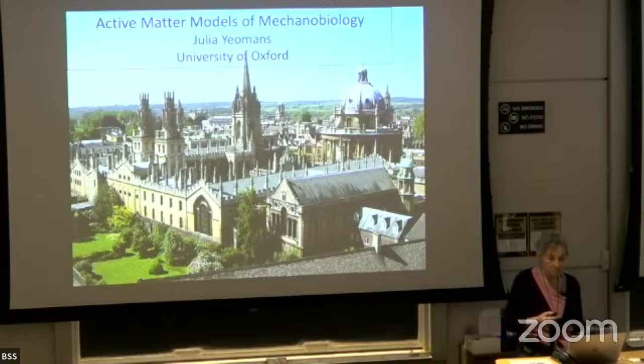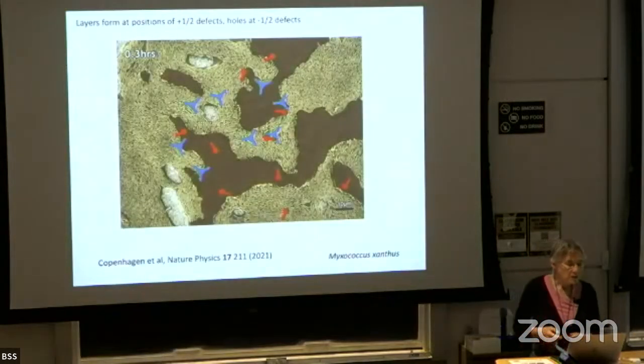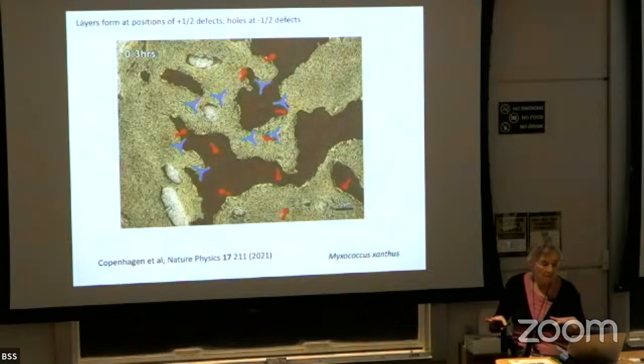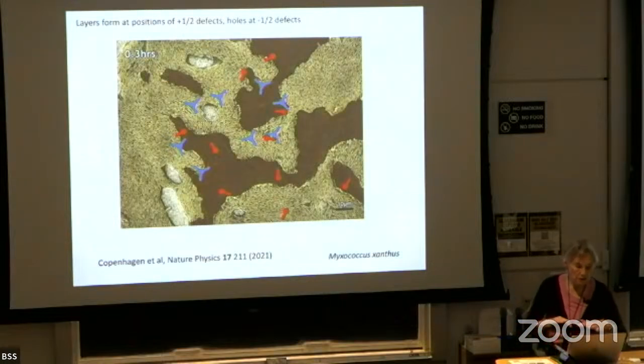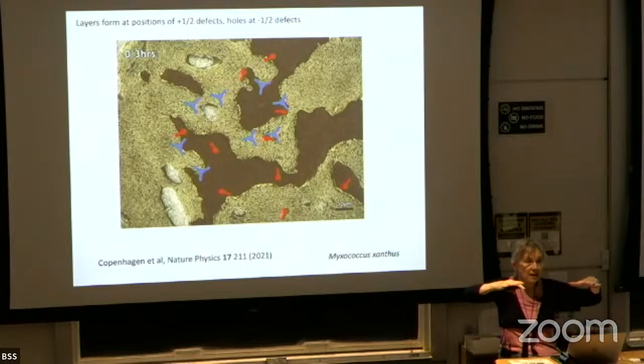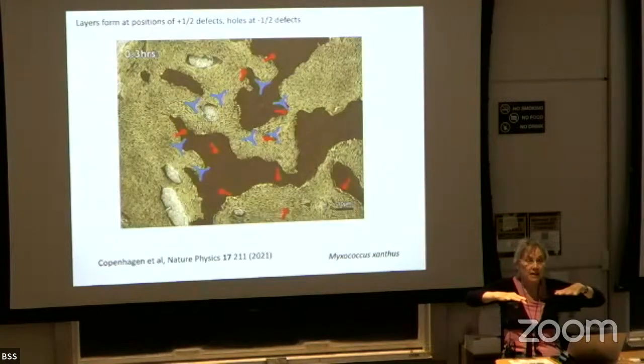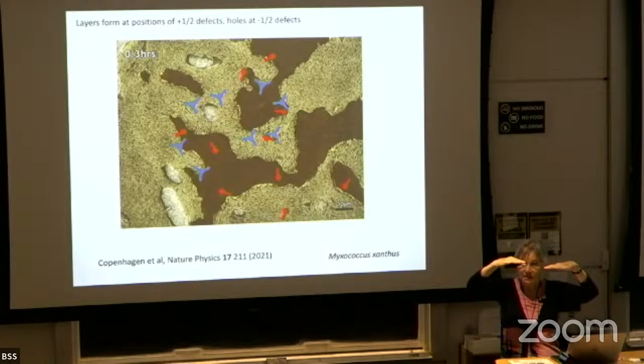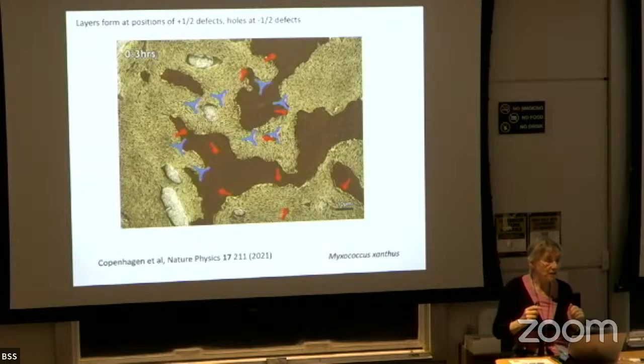Okay, so two cute examples just to get people started. So what this is, Myxococcus xanthus, which is a sort of bacterium which crawls around, and it sits on the substrate and crawls around. And then it wants to form fruiting bodies, and so it wants to form a lot of layers, one on top of the other.